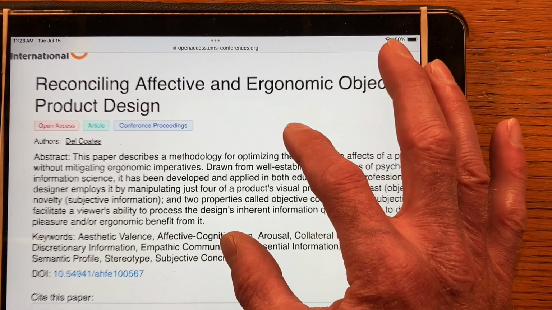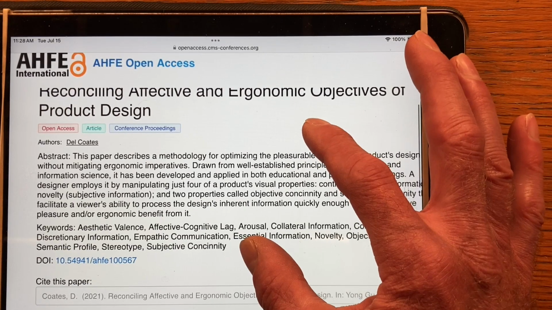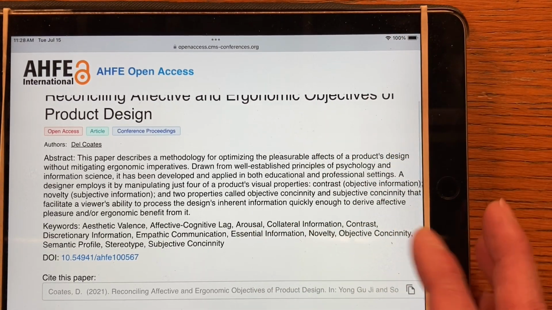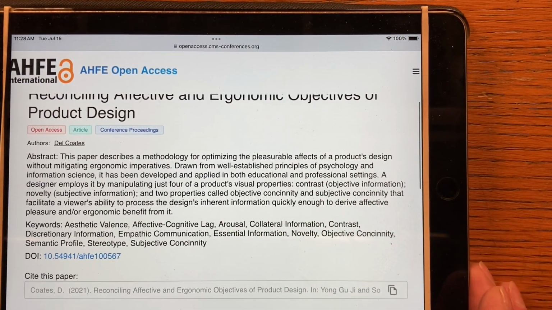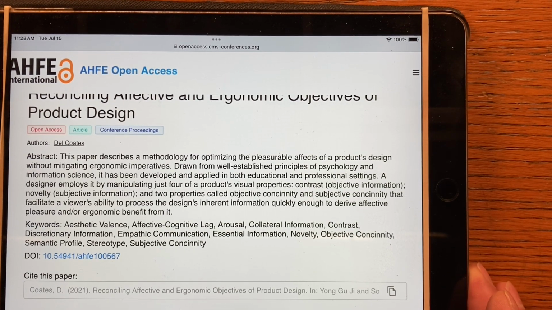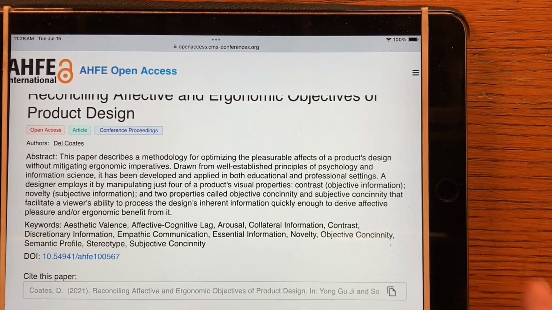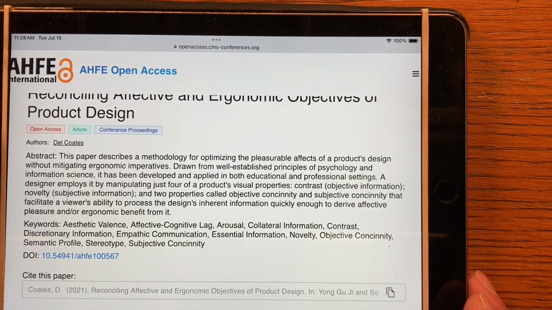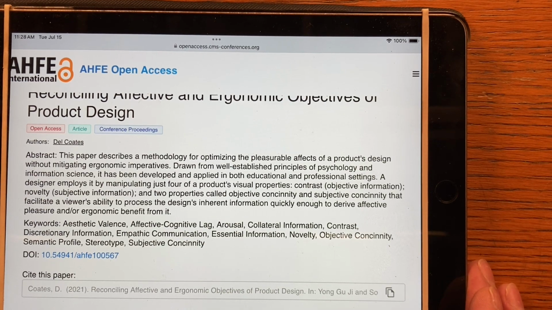This is the abstract from a paper but it's important to know here because what we want to do is try and figure out a way to use aesthetics as a way to select for our variations to move forward. So how can we do that? And this is one way that we can do it. This paper describes a methodology for optimizing the pleasurable effects of a product design without mitigating ergonomic imperatives.